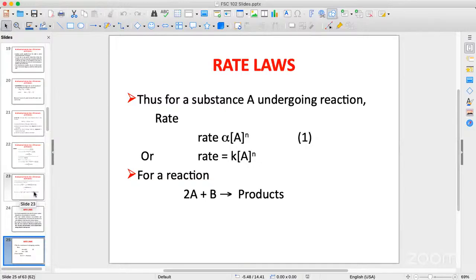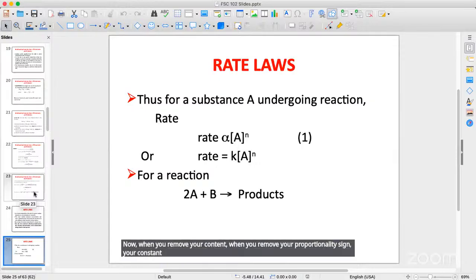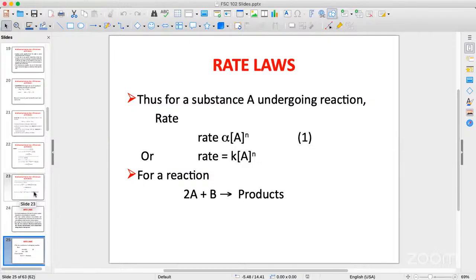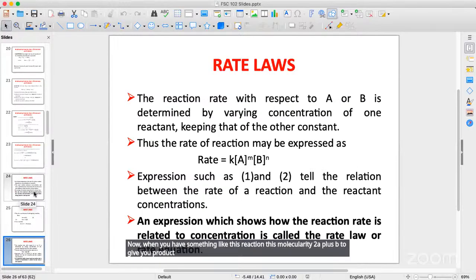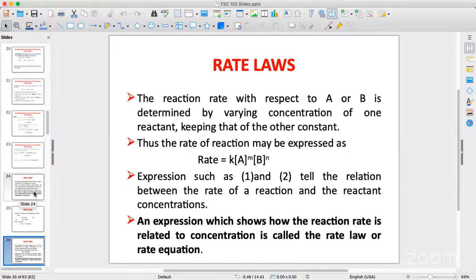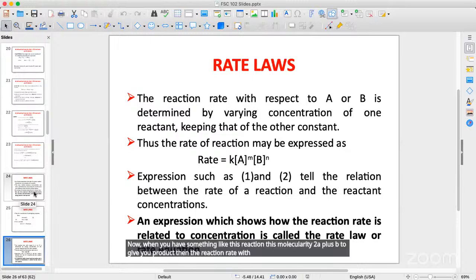When you remove your proportionality sign, the constant of proportionality that comes into that equation is what is known as the rate constant. Now, when you have a reaction like 2A plus B giving product, the reaction rate with respect to A or B is going to be determined.